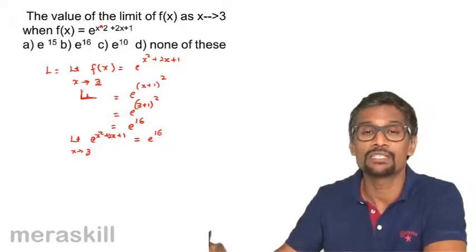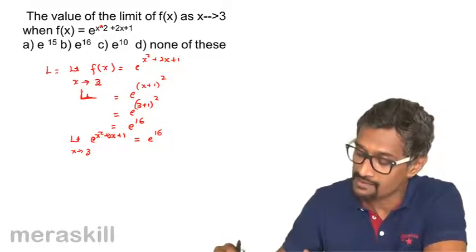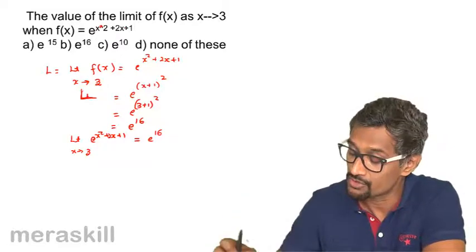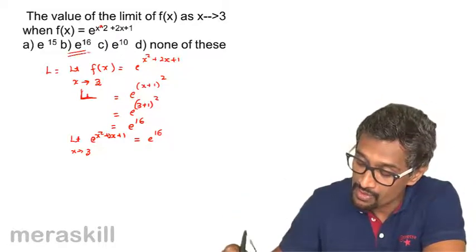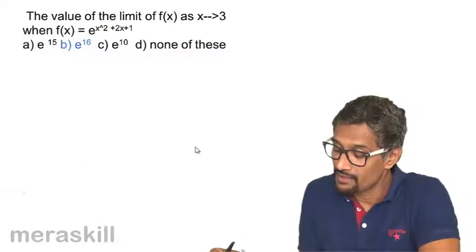Since this is a determinate function, you can directly substitute the value of x as 3 and you get this. So it is going to be e raised to 16. Okay.